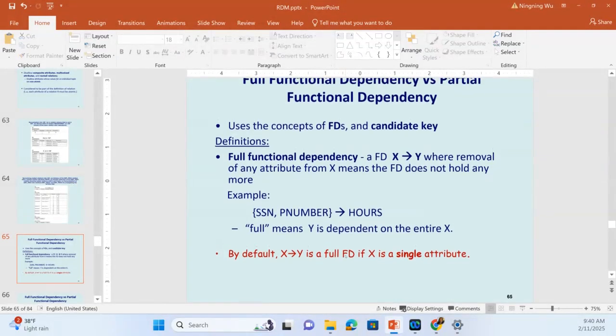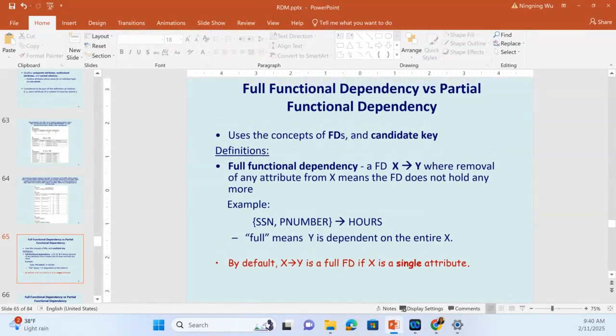Now we go to another concept, full functional dependency versus partial functional dependency. Let's first discuss the definition.